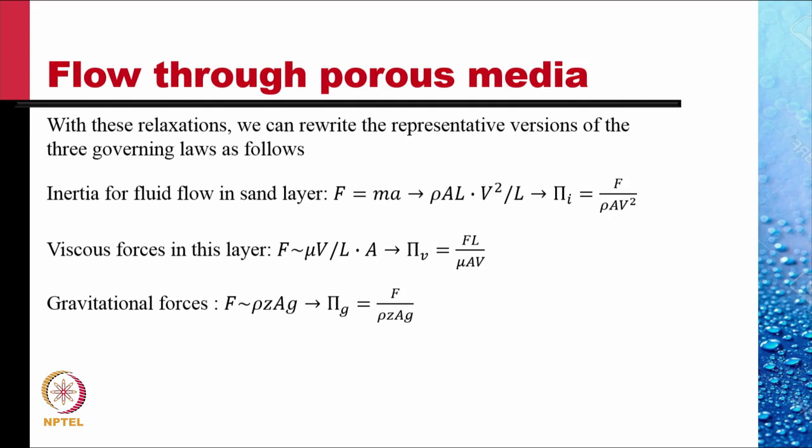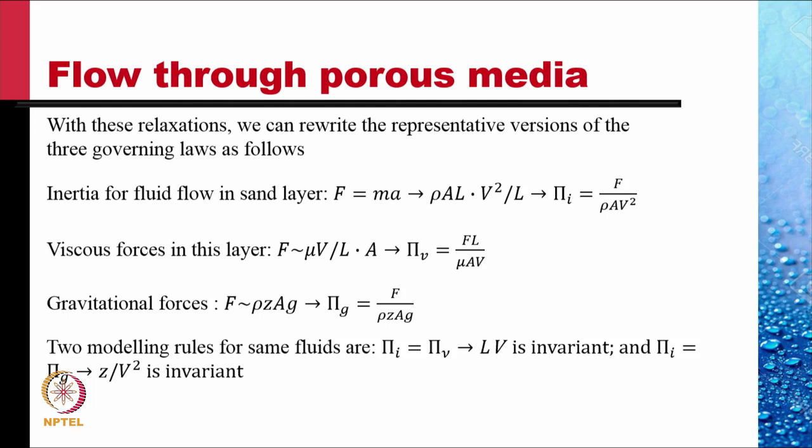And the gravitational forces. Now this is because of the column of water of height Z. So this is rho Z g times the area A, and this gives you F divided by rho Z A g as the pi number.